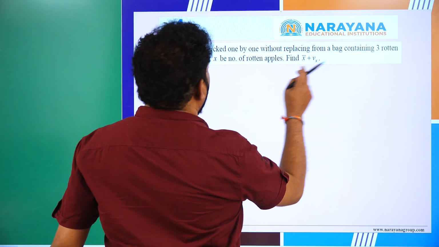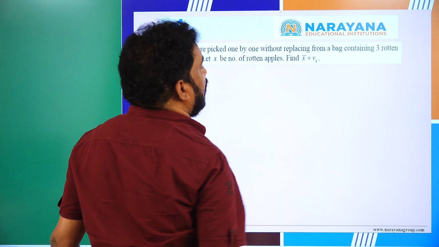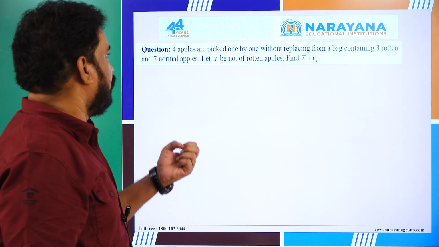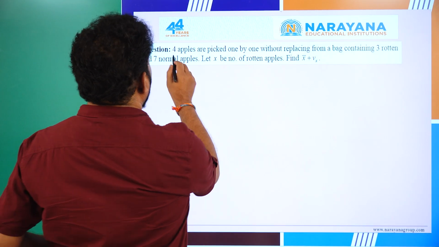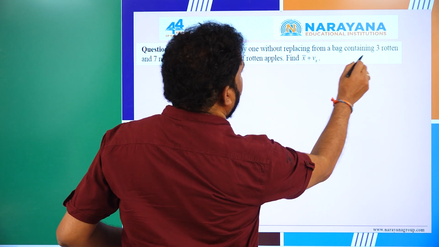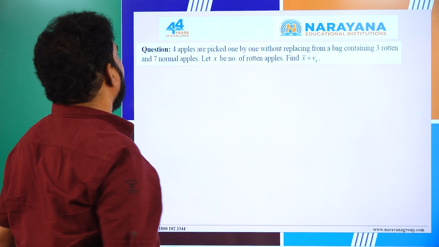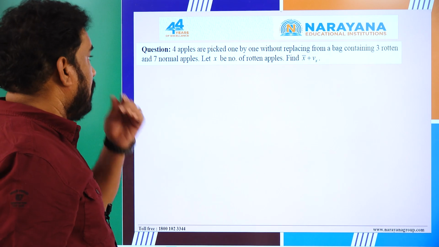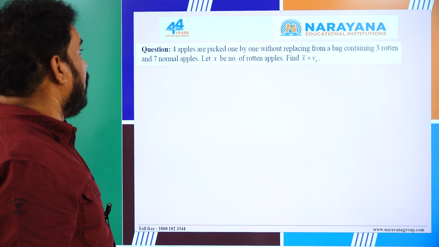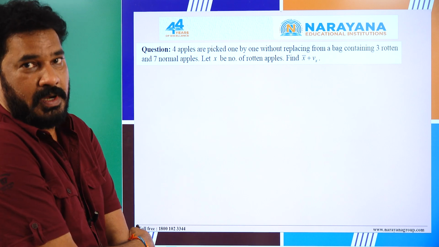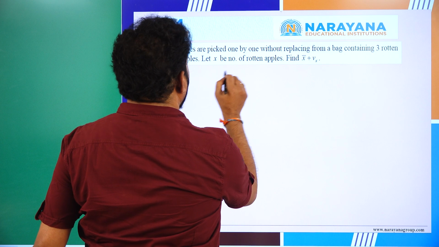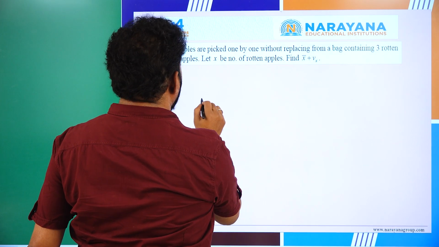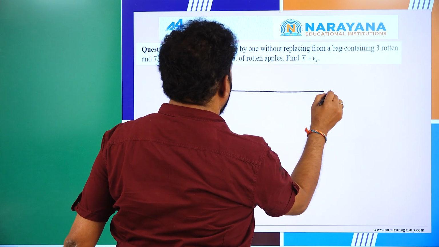So finally, let x be the number of rotten apples. So from the basket, see, 4 apples are picked containing 3 rotten and 7 normals. Totally together 10 apples are there, of which 3 are rotten, 7 are normal. Okay, so x is the number of rotten apples. Fine. So we'll take the table.